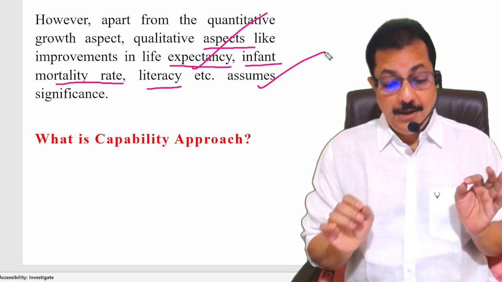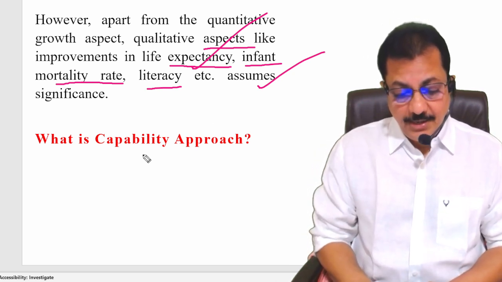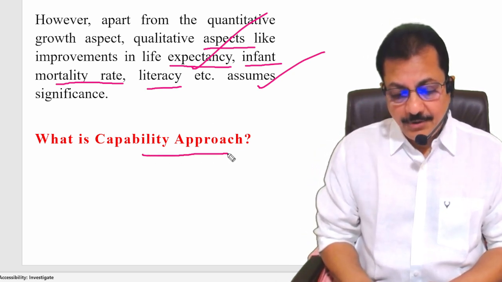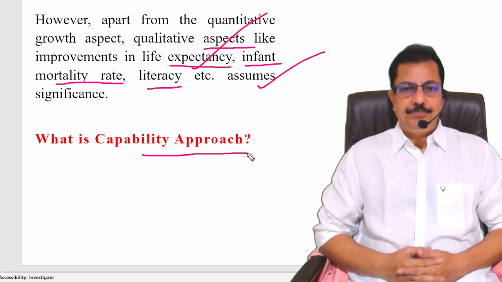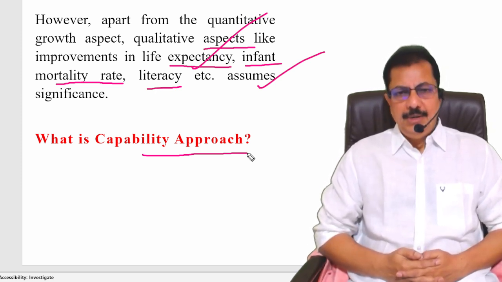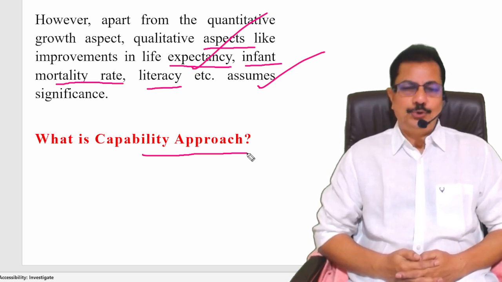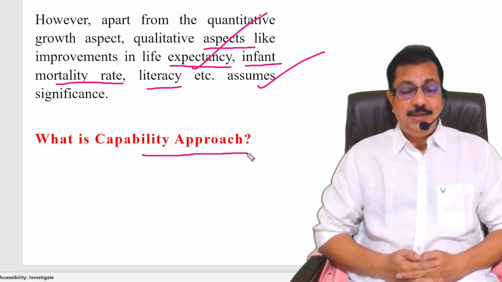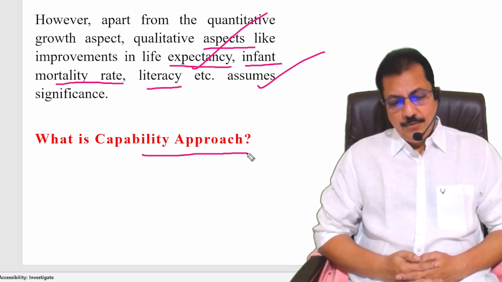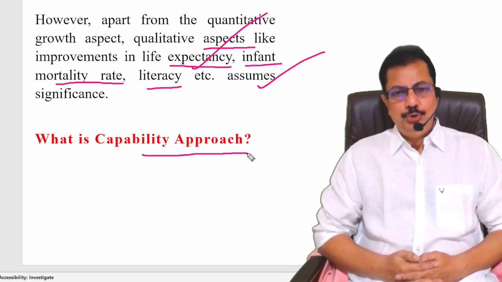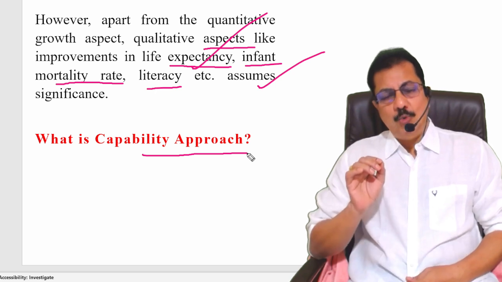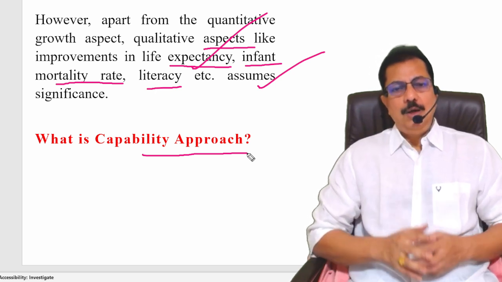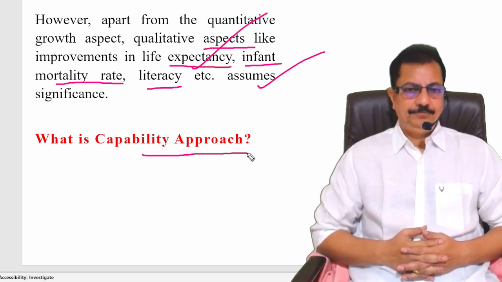Clear? Now this is a very important one I have given you. Tomorrow it may be a question in the examination. What is a capability approach? Who proposed this capability approach? Clear? Very important one. When it comes to capability approach, we are discussing about the quality. What do you mean by this quality?